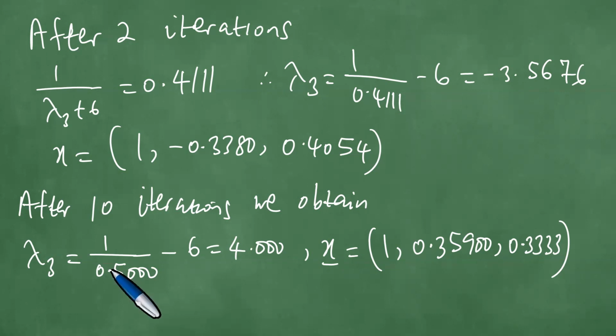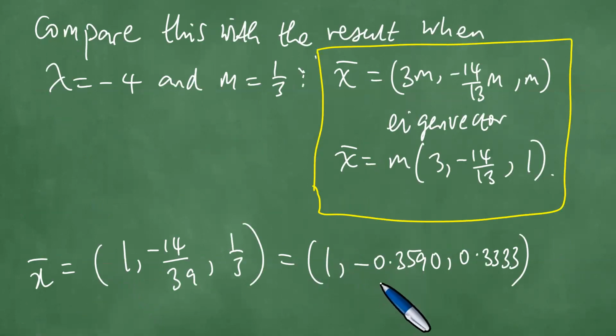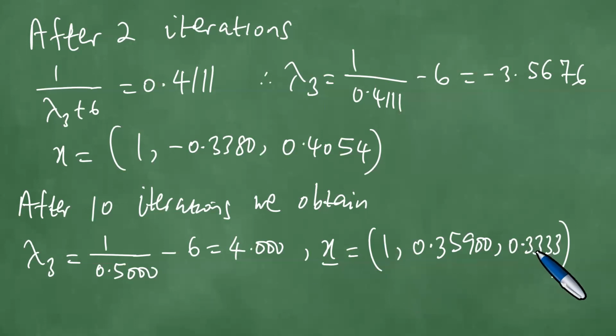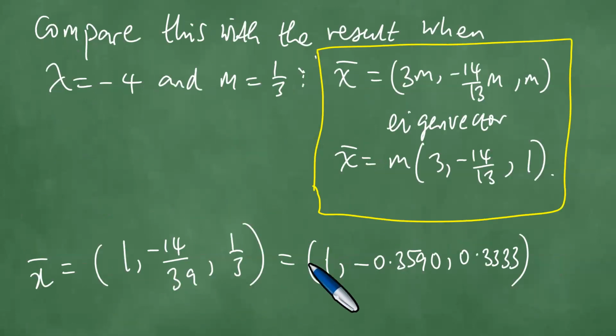I want us to observe the sign difference in the middle entry. You can see that the 1 and the 0.33 match precisely, but there's just a sign issue here: this is positive here, but on this side it is negative.